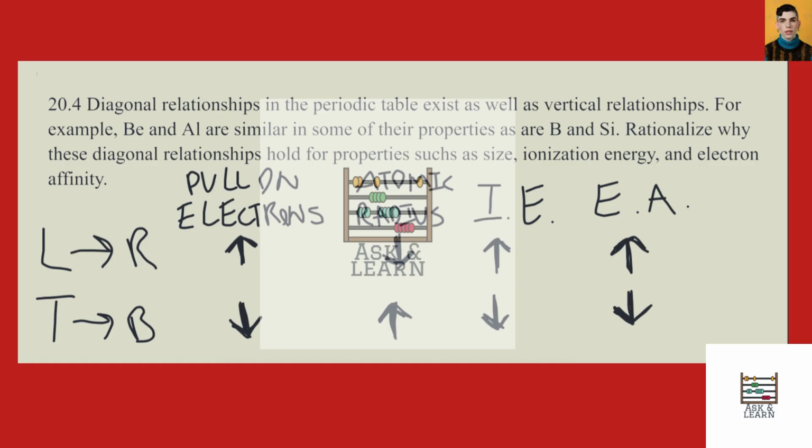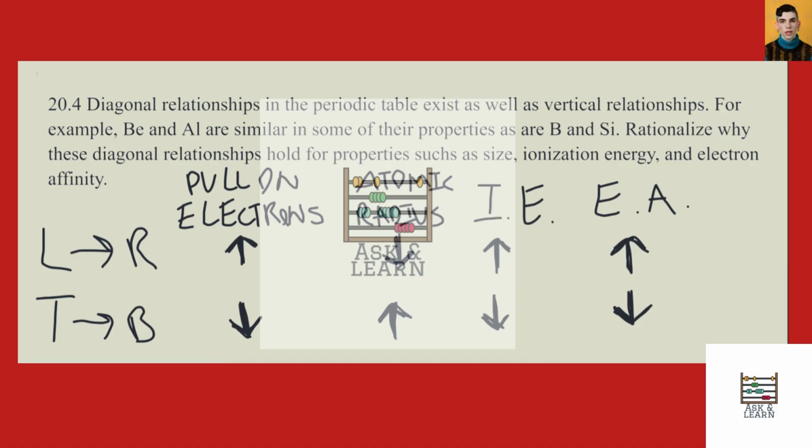So if we're going left to right across a row of the periodic table, then we're gradually adding more protons to our nucleus, but electrons are being added to the same shell. You're not adding an additional shell. As you add more electrons, they're being added into the same shell, so you have the same shielding effects from those inner electrons, those electrons in your inner shells.